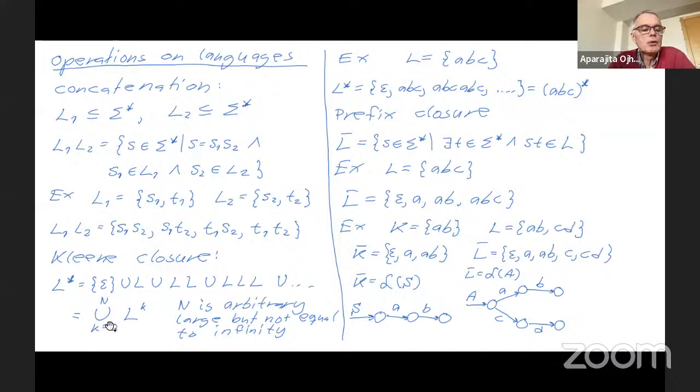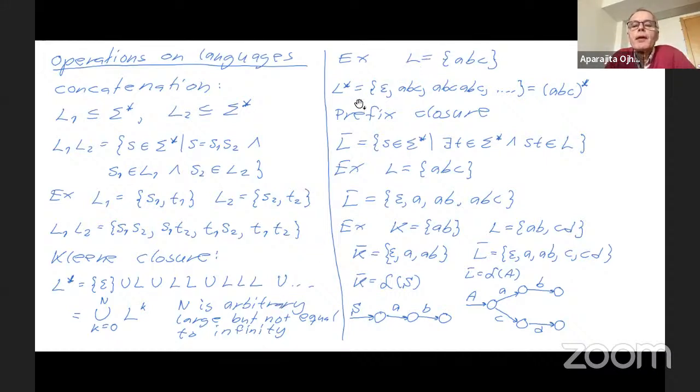So this is the union of all concatenations L to the power of K, from K equals 0 to capital N, where N is an arbitrarily large but not infinite number. So this is the Kleene closure.